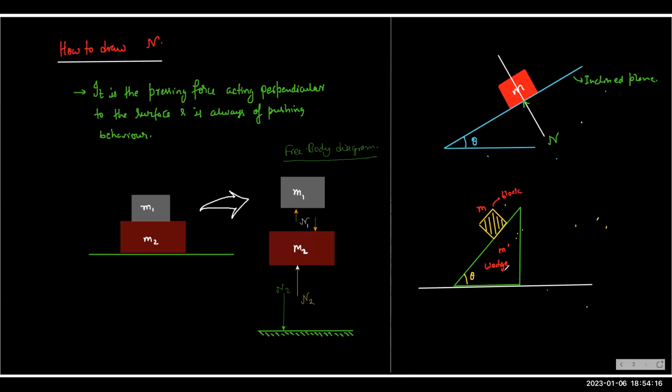When you draw it, make sure that you draw the perpendicular properly. It should look perpendicular. So draw for the block and draw for the wedge separately. Draw it and send it to me.